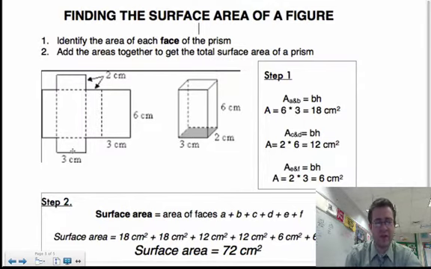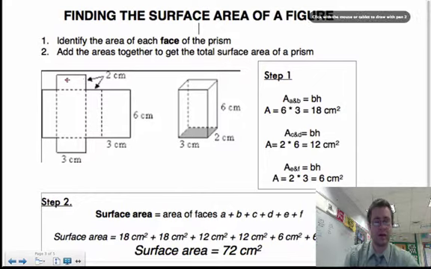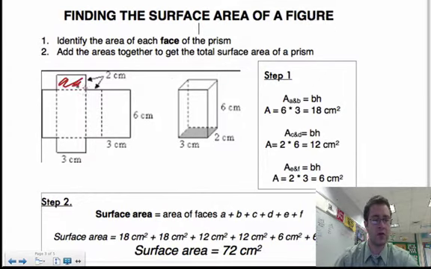Every face on a rectangular prism will have a congruent pair, another face that's parallel to it. We call them the bases. So for instance, if I'm looking at this one, it is congruent with this one, and this one is congruent with this one, and then this face here is congruent with the other.